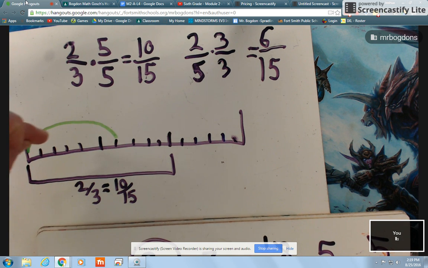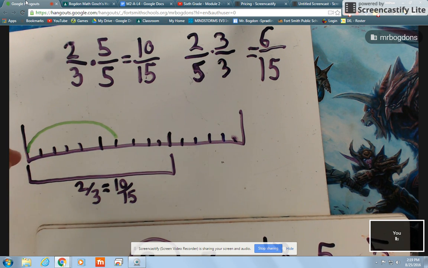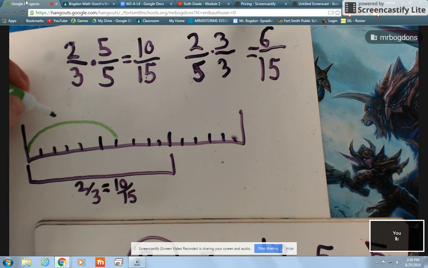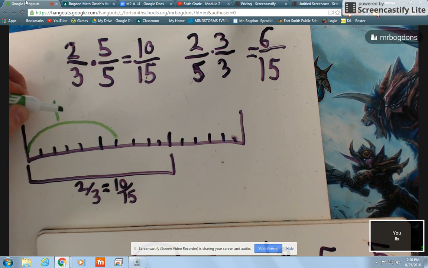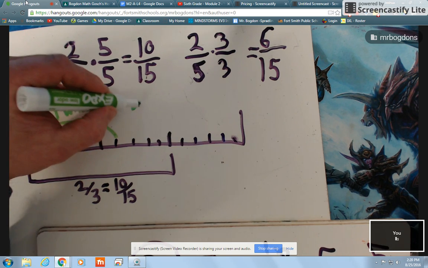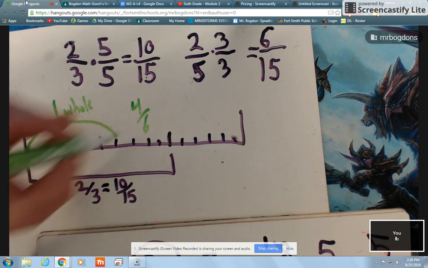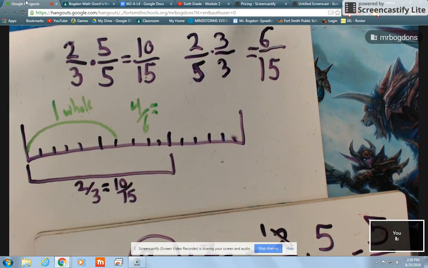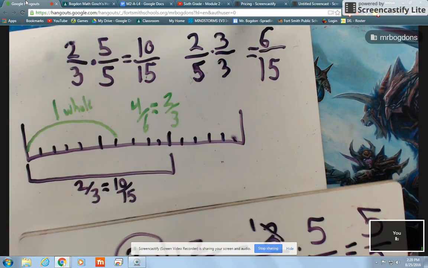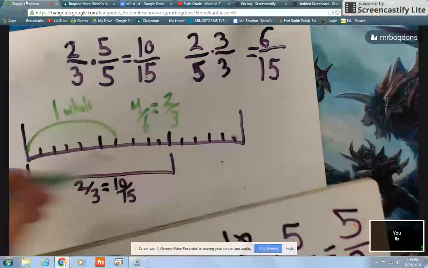I think I mismodeled here. No, that's right. Okay. So here's one whole. And then I have 4 out of 6. What's an equivalent simplified fraction to 4/6? 2/3. So there's my model.